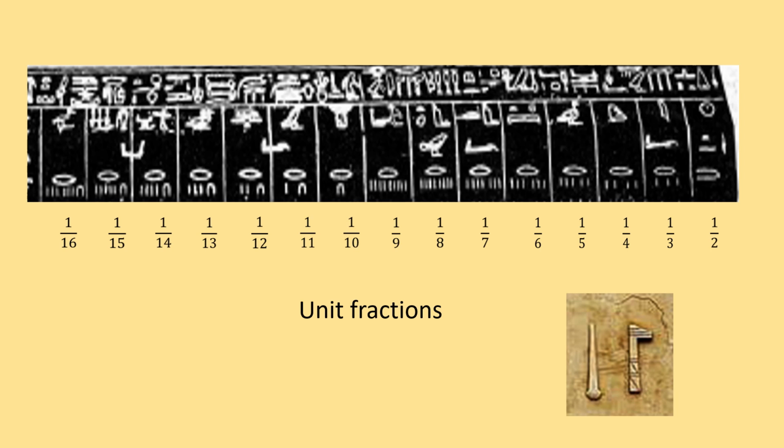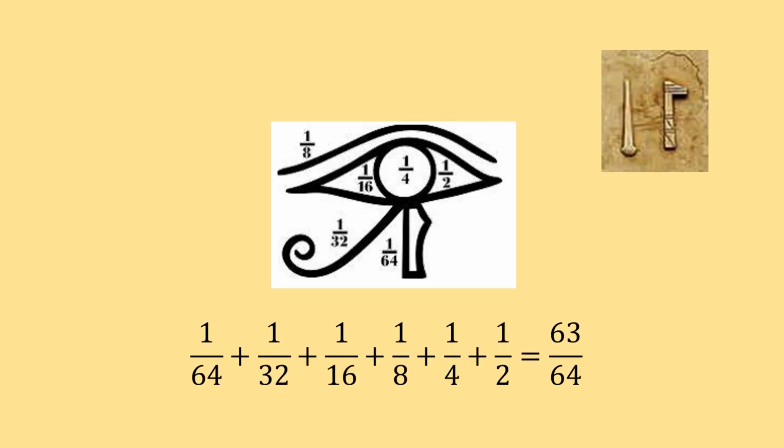The Egyptians are known for their use of unit fractions to do calculations. The Wajet, or left eye of Heru, contains the fractions listed: 1/2, 1/4, 1/8, 1/16, 1/32, 1/64.